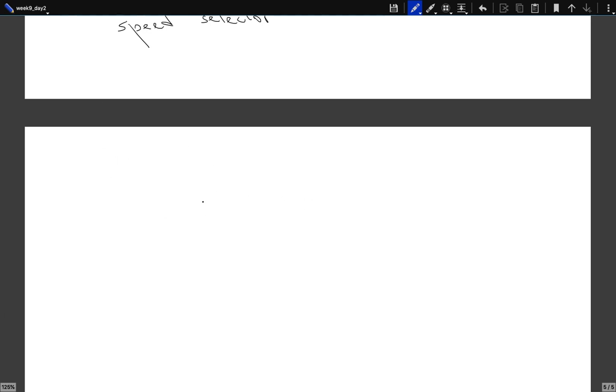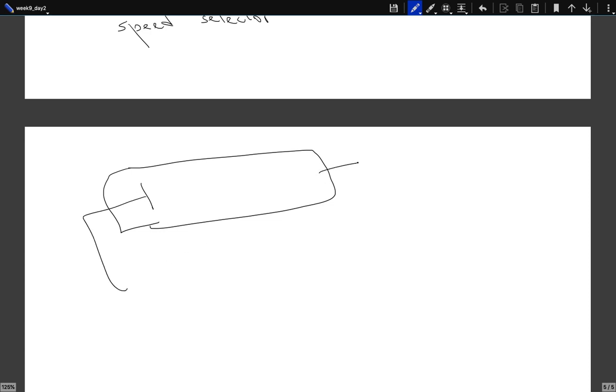Now, in the case of the discovery of the electron, what we had actually done was we had a hollow tube. So you have a cathode, and then you have an anode. No, the anode is not over here. The anode is over here. We applied a very large potential difference.